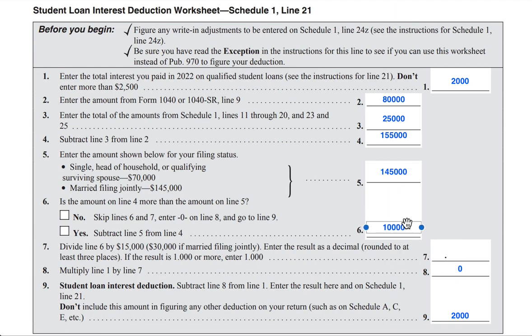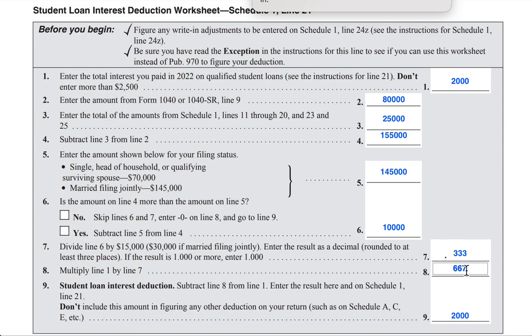So in this case, that decimal would be .333, basically infinity, 1/3. So now we multiply that 1/3 by the $2,000, and we're going to arrive at $667.